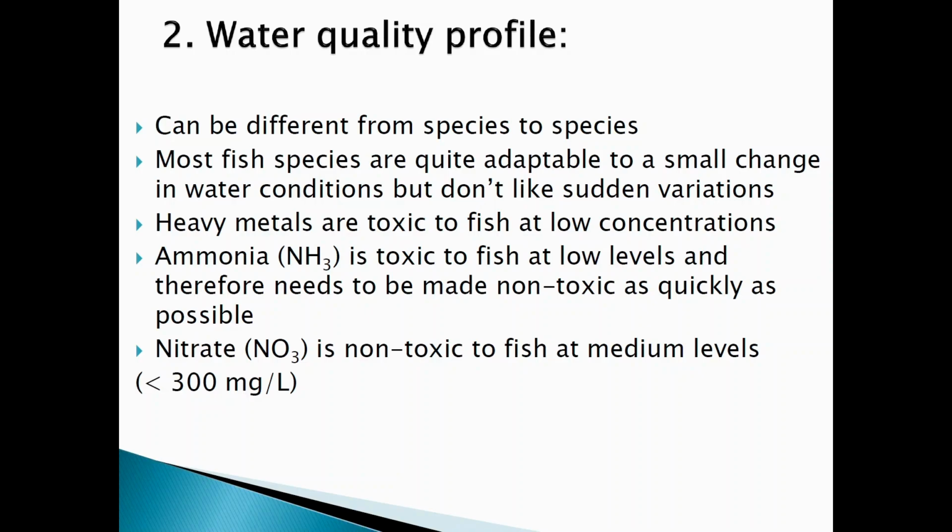Heavy metals are toxic to fish at low concentrations, and so is ammonia, which is excreted by the fish. So it's important to have a system set up where your plants can absorb this ammonia through the nitrogen cycle we mentioned earlier, and then pump back the cleaner water, which has been cleaned of the ammonia, of course.